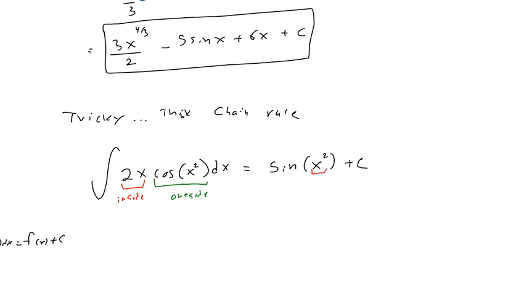So we did the derivative of the outside part, which was to change the sine to a cosine, and then we did the derivative of the inside part, which gave us this 2x. There's like layers here. You can see the kind of chain rule pattern in certain derivatives.